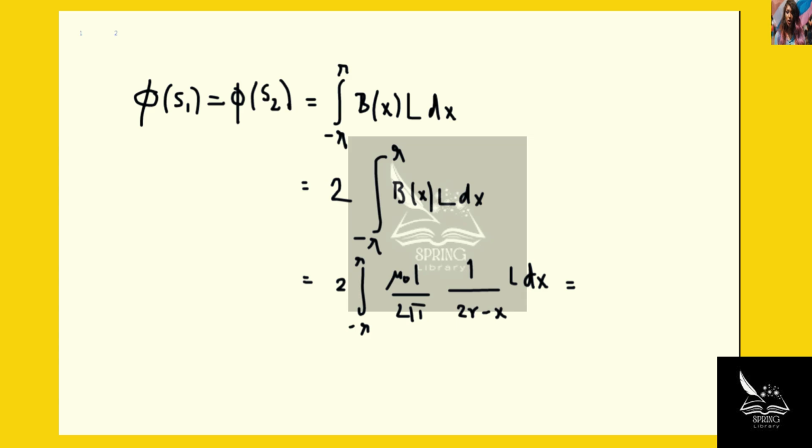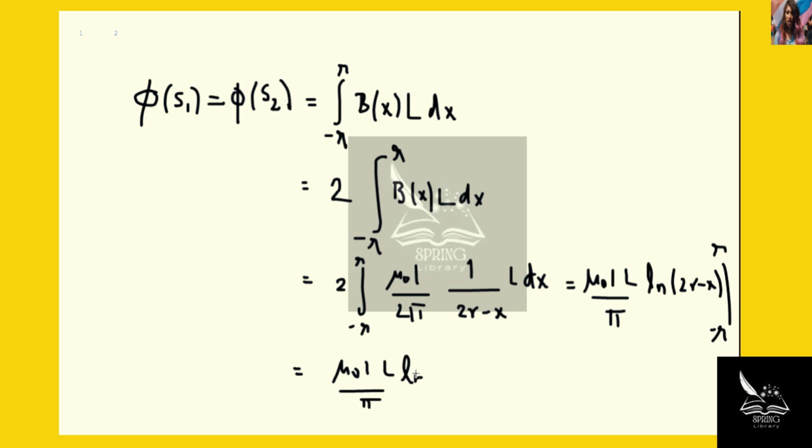That integration is trivial, and the 2 and 2 get cancelled out. You get mu naught I L over pi, times the natural log of this value 2R minus x, with limits minus R to R. By keeping the limits, I get mu naught I over pi L natural log of 3.